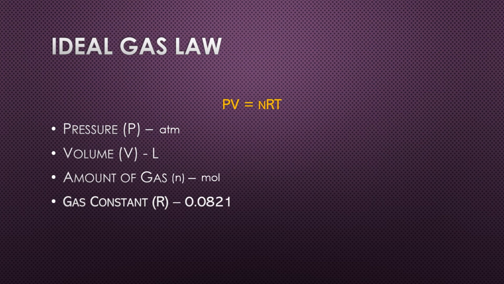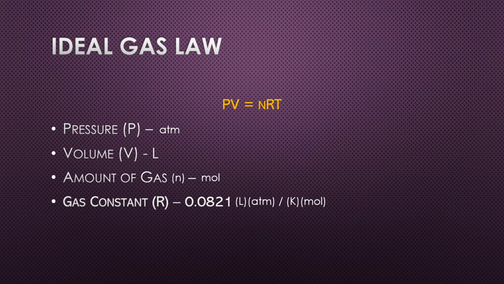So memorize the value for the gas constant, R, which is 0.0821. And please also memorize the unit for this gas constant. That unit is liter times atmosphere divided by Kelvin times mole.